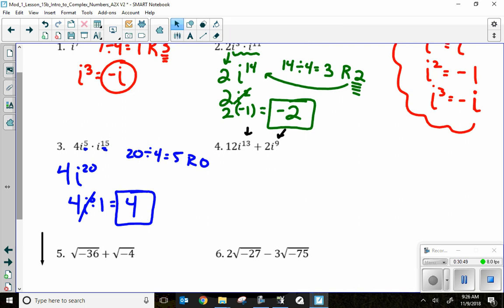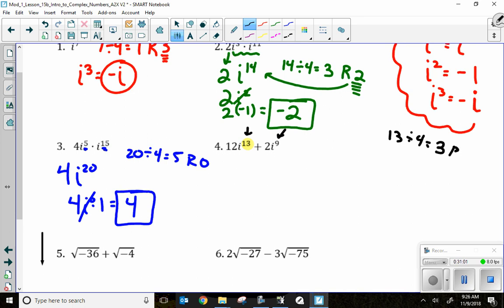I am going to take 13 first. 13 divided by 4. It goes in there 3 times with a remainder of 1. So really, this is like 12 i to the first. I don't have to write an exponent of 1 if I don't want to.